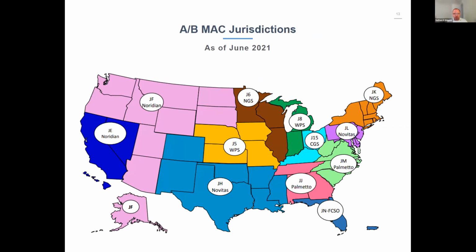You can see they're regional, they cover certain states. The DME ones, I don't have the map here, but it is available at CMS. And basically there are 4 MAC jurisdictions for DME. Those are covered by, I think, 3 of these: NGS has 2, CGS has 1, and Palmetto has another. I went and looked it up the other day because I was curious.